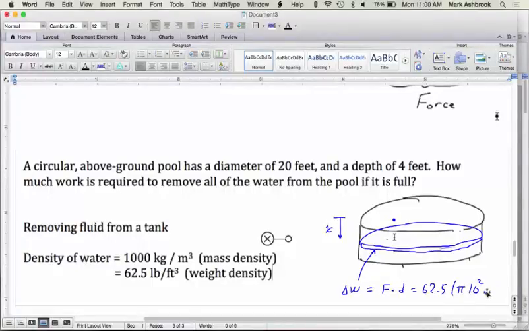And what's h for that layer? Delta x, right? It's just like a pancake.